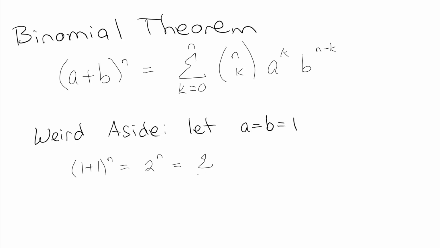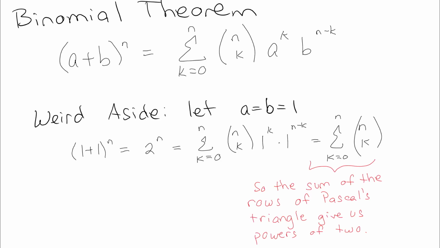So if I plug that in, I've got k going from 0 to n of n choose k of 1 to the k times 1 to the n minus k, and basically those ones go away, so I've got the sum of k going from 0 to n of n choose k. And what that means is that the sum of the rows of Pascal's triangle would give me the powers of 2. Okay, so basically if you sum the rows of Pascal's triangle, you get powers of 2.